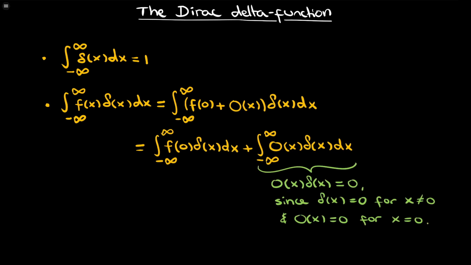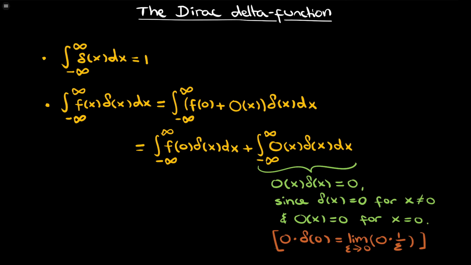will always be 0, because if x is non-zero, then the delta function delta of x is equal to 0, and if x is equal to 0, then all the other terms are equal to 0, which are multiplying the delta function. This might be a bit confusing, because the delta function is infinite at 0, but remember that the delta function really stands for a limiting process, so at all stages of the limiting process, the delta function is actually finite at 0.